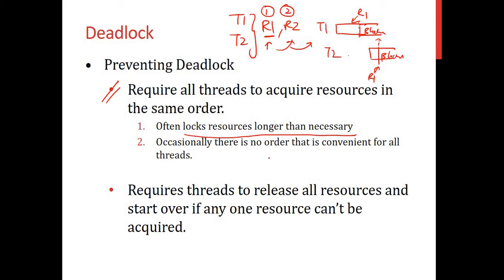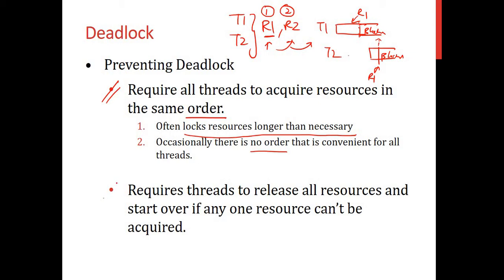And sometimes there is also no particular order that may seem convenient for all the threads. Sometimes the resources may be tied to different activities that a task may be doing. So it is a bit of a challenge sometimes figuring out if it's possible for all resources to be acquired upfront. And so that is one approach. You sort of enforce an order.